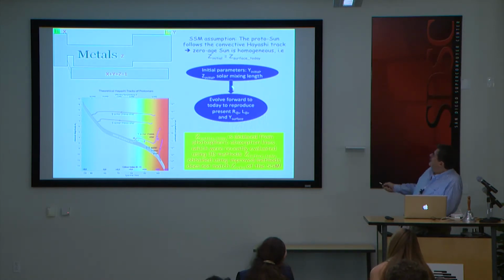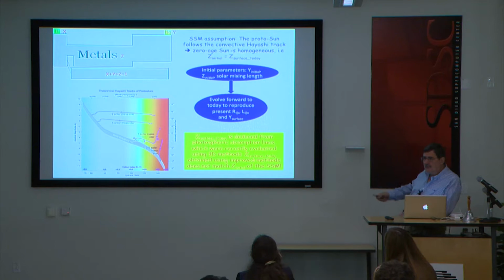So then, the initial parameters are initial helium abundance, initial metal abundance, and that also gives you the initial hydrogen abundance, so they have to add up to 1, plus the mixing length. Then you evolve the sun forward to today to reproduce the current observed radius of the sun, luminosity of the sun, and surface abundance of the helium.